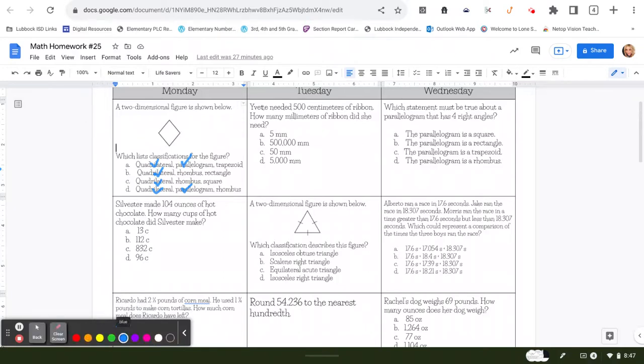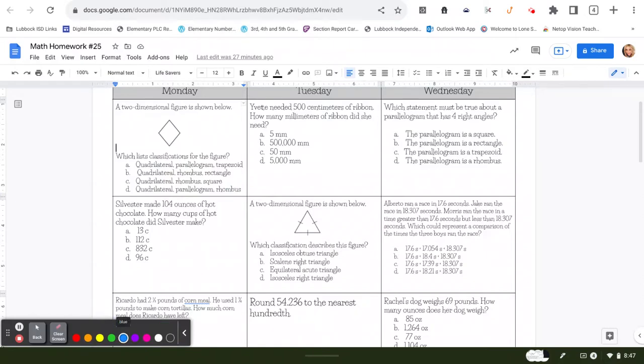And I see, oh, no, there's not. I can see this side and this side are the same length as this side and this side, which would make it a rhombus. So those all work.